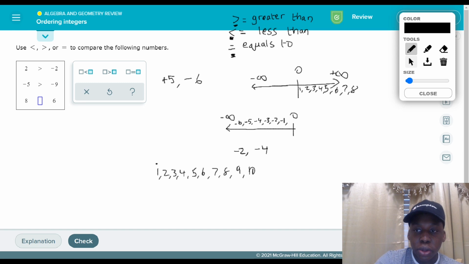So based on that, 8 should be greater than 6. The bigger the number, that shows how close the number is to positive infinity when we're dealing with positive numbers. That's good. So 8 should be greater than 6.